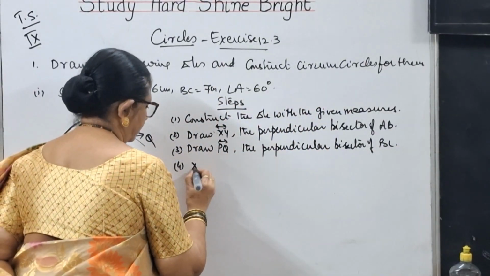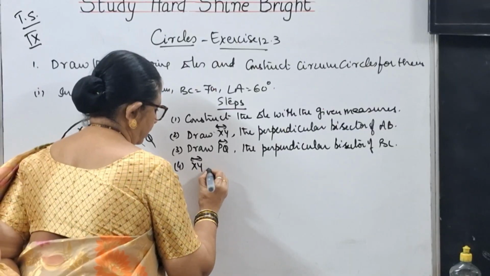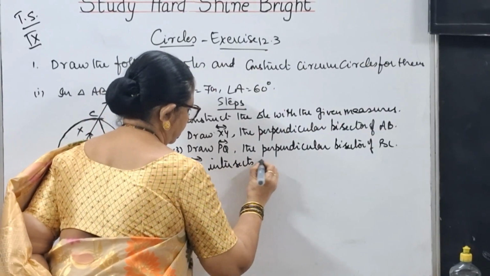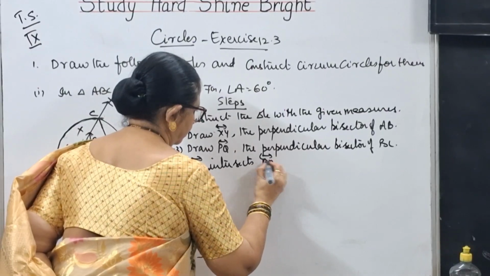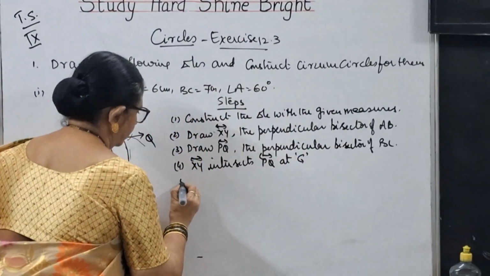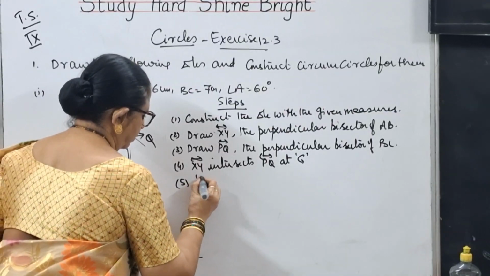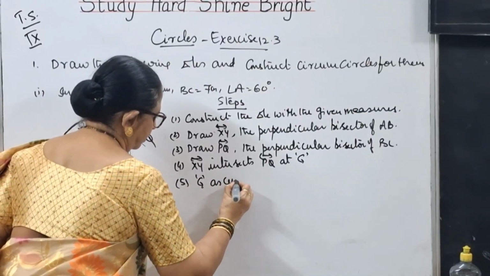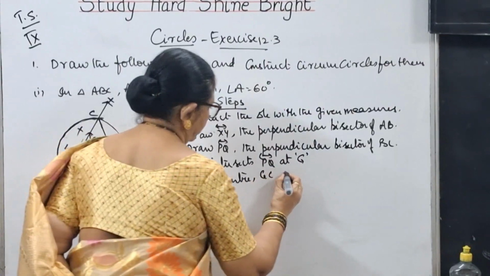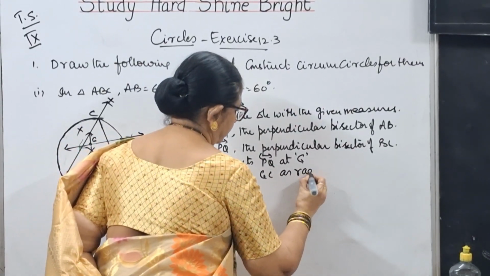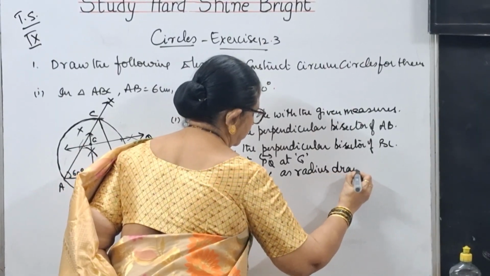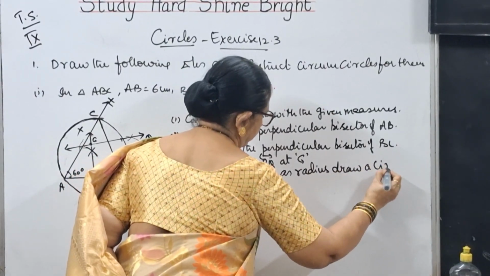Fourth point, XY intersects PQ at G. Fifth point, G as a center, GC as a radius, draw a circle.